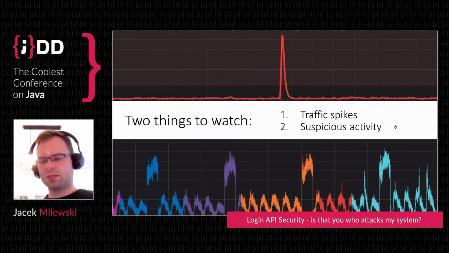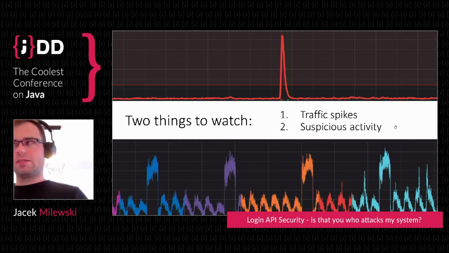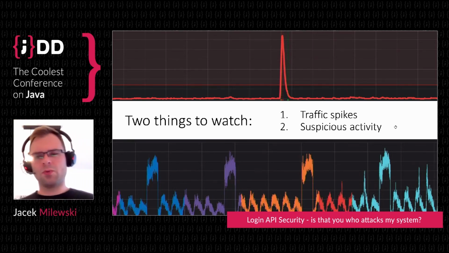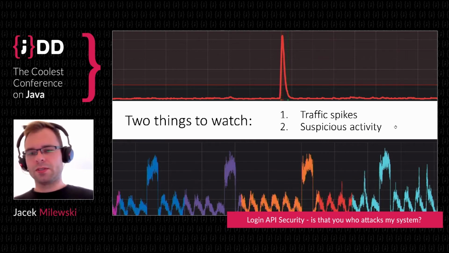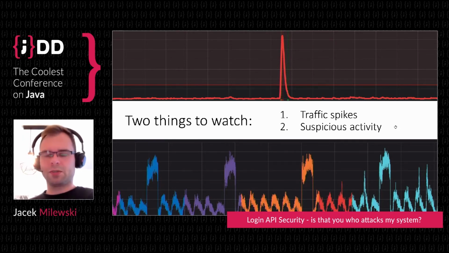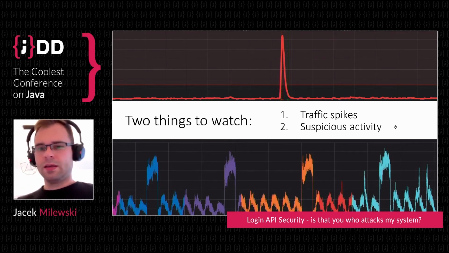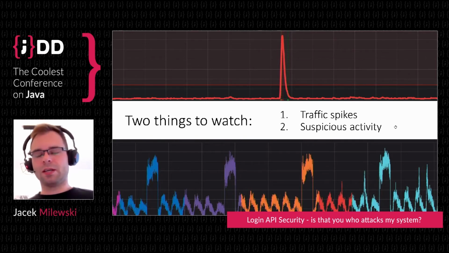If some user is not behaving as a usual user would: a usual user opens a web page, downloads some configuration, and there are several requests to open the web page, while an attacker is just calling the login endpoint from his script. The difference is noticeable, right?